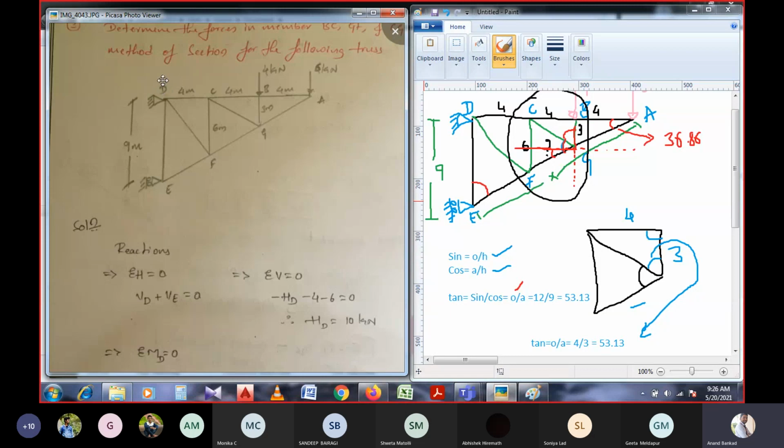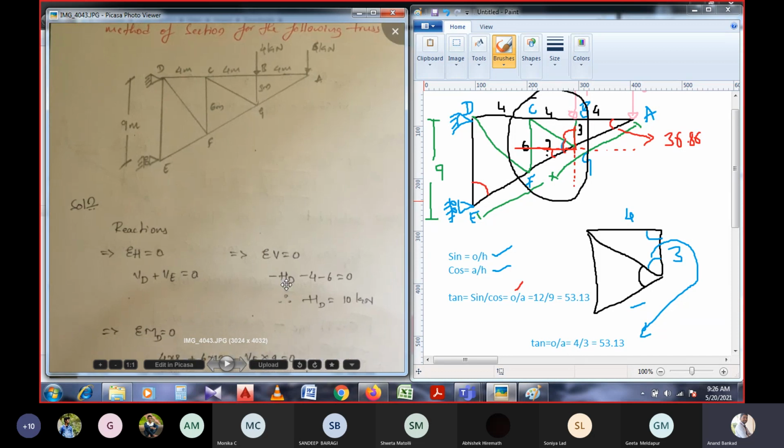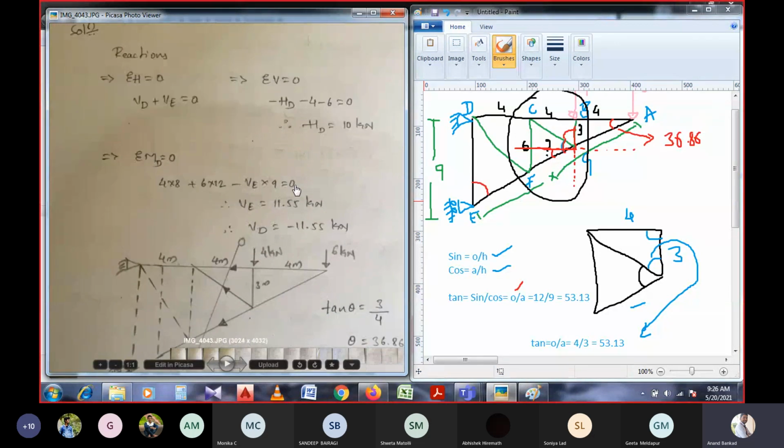If you observe the cursor, this HD is moving downward, for that reason we have taken it as minus HD, and 4 kilonewton which is again moving downward, minus 4, and 6 is taken with a minus sign which is moving downward. So the total horizontal force at D is 6 plus 4, which is equal to 10. If you take it to the right-hand side, it will be positive, minus 10 equal to here, which is taken as 10 kilonewton.